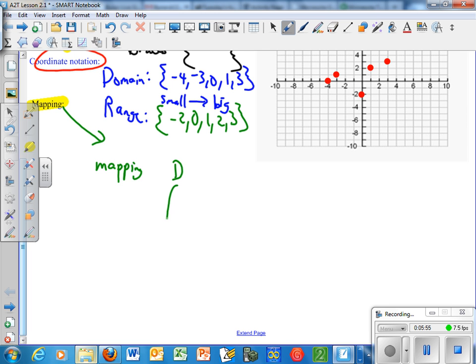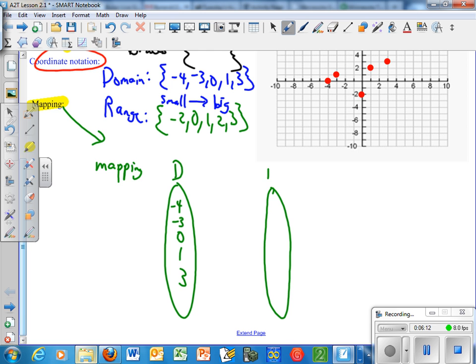I'm going to list all my domain values, and I'm going to call it D: -4, -3, 0, 1, and 3. I'm going to list all my range values over here. Range is the y values: -2, 0, 1, 2, and 3.